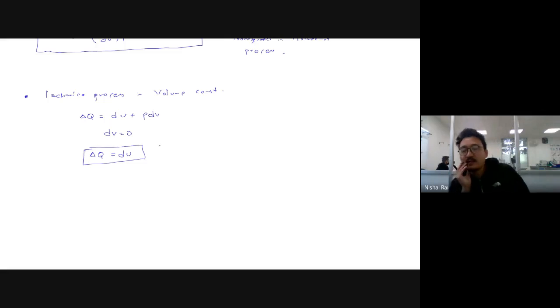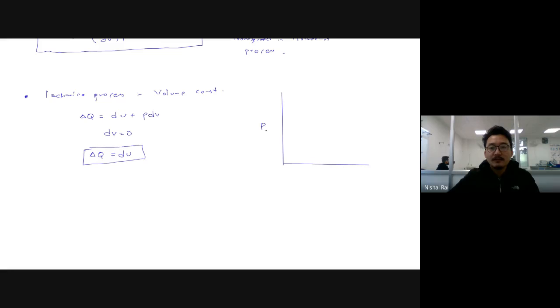Now, if for a certain experiment you want to find the internal energy of a system, you consider a constant volume and start giving heat, then all of the heat will be converted to internal energy. So the work done is 0 in an isochoric process. It is obvious from the P versus V diagram also: when the volume is constant, it will be a straight line, so there isn't any area under a curve.